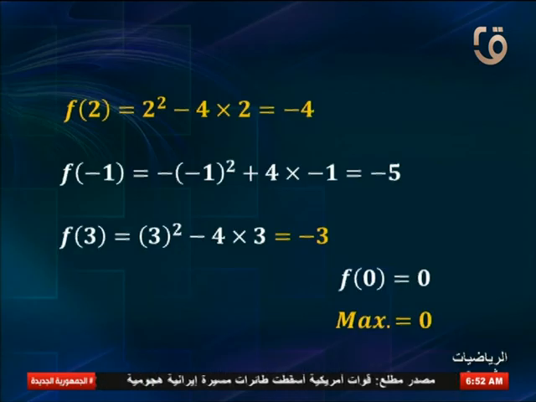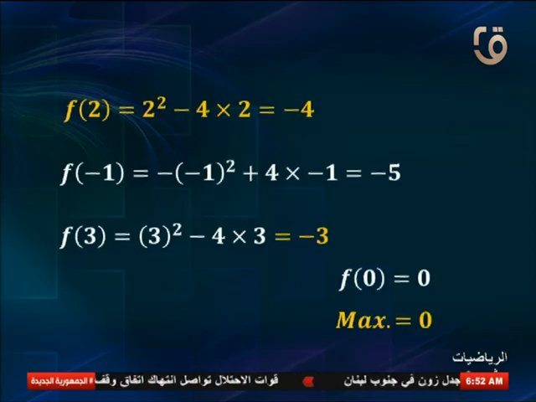Because 0 is bigger than −3, bigger than −4, bigger than −5. And that is the required absolute maximum. Someone say, what is the absolute minimum? Yes, −5, when x equals −1.